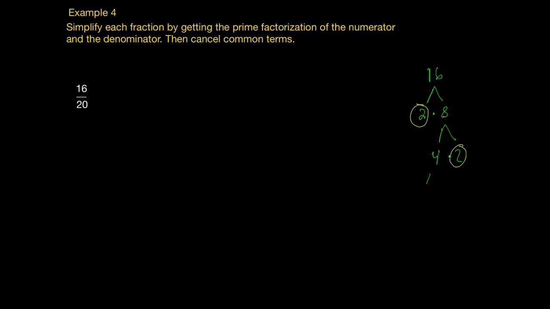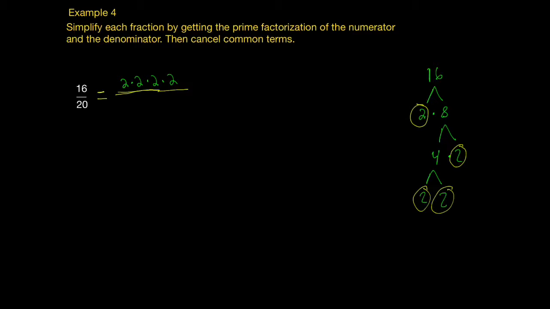And then 4 is the same thing as 2 multiplied by 2. And I've succeeded in decomposing 16 into its product of primes. So let's write the equality symbol. In the numerator of 16, I'm going to rewrite this as its prime factorization, or its product of prime factors. So here I'm going to write 2 times 2 times 2 times 2.